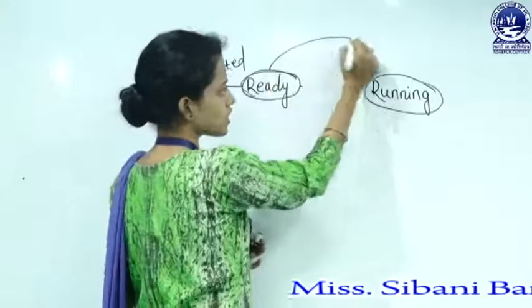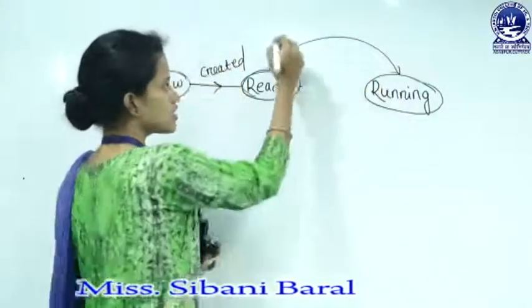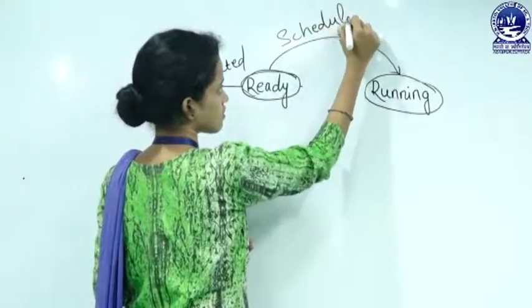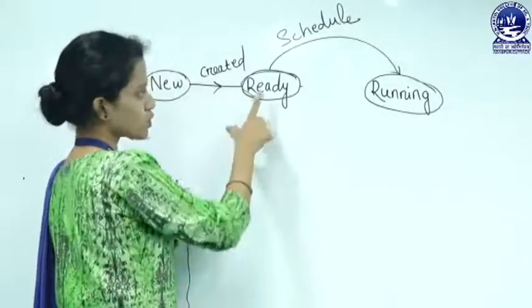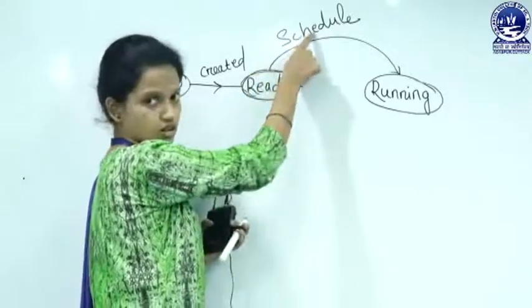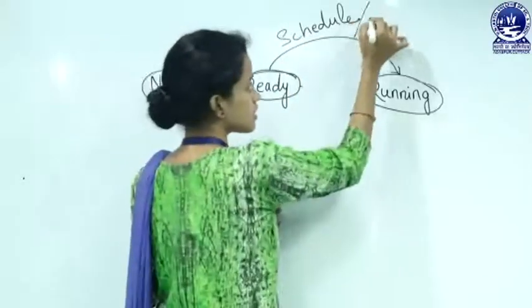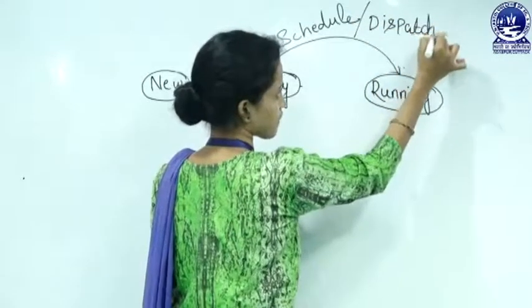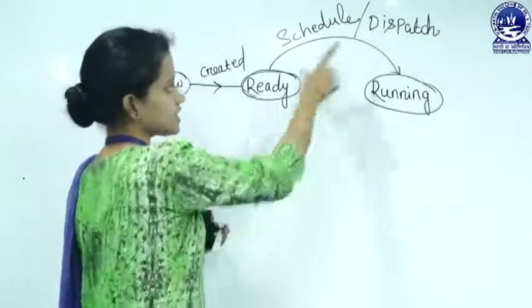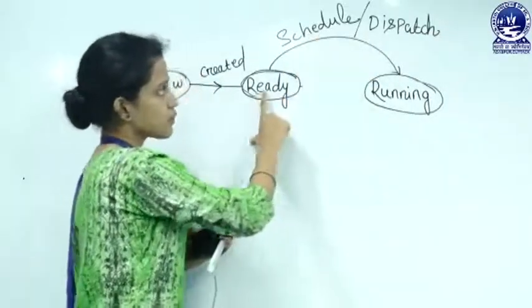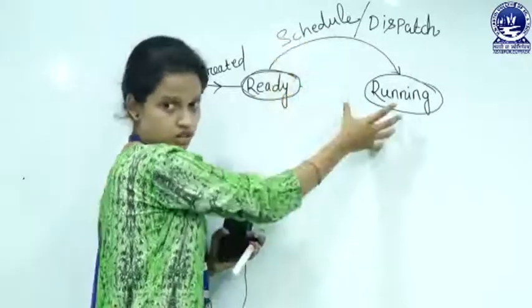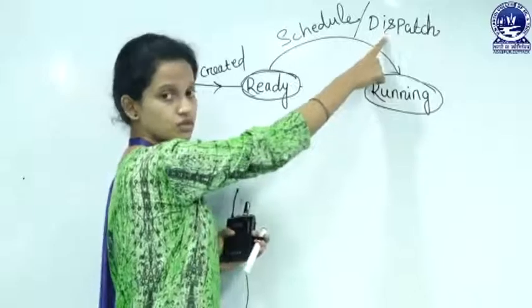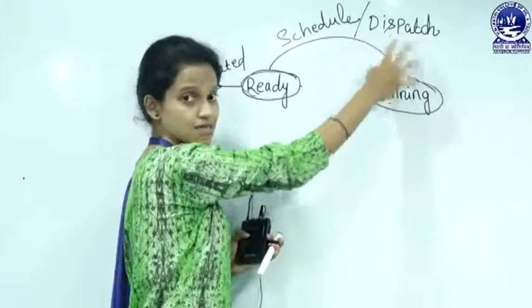This phenomenon is known as scheduled, or you can say the process is dispatched. The process is scheduled to execute, and the operating system picks the process from the ready queue and puts it into the running state.